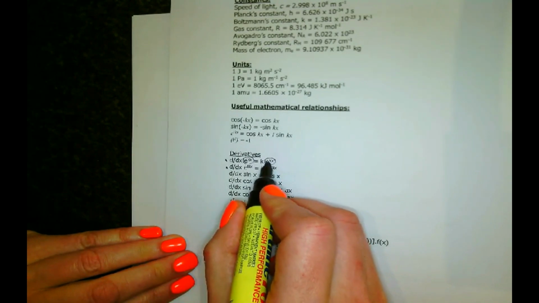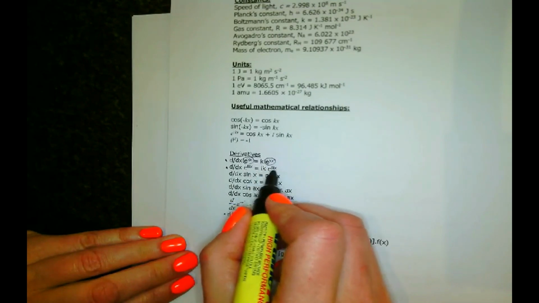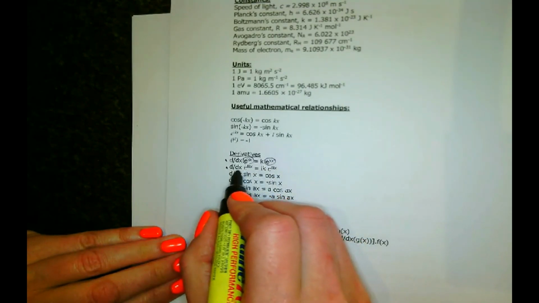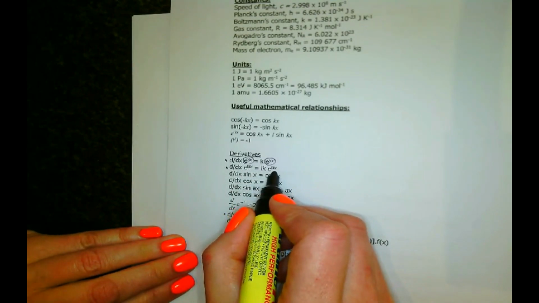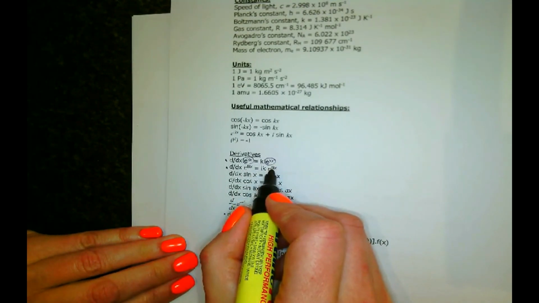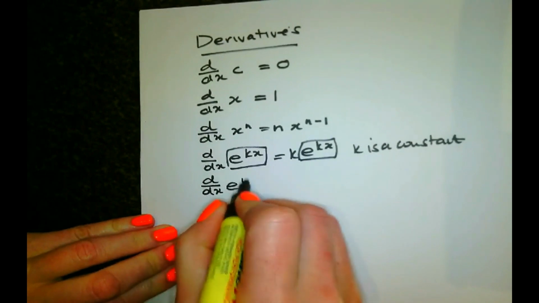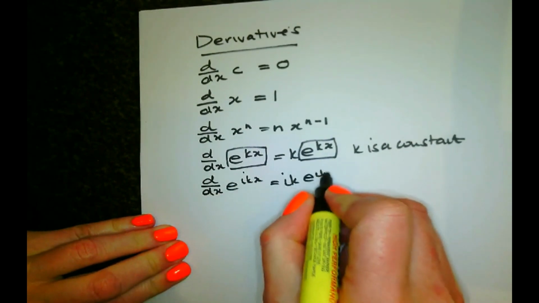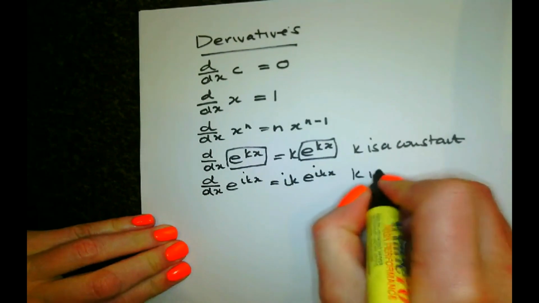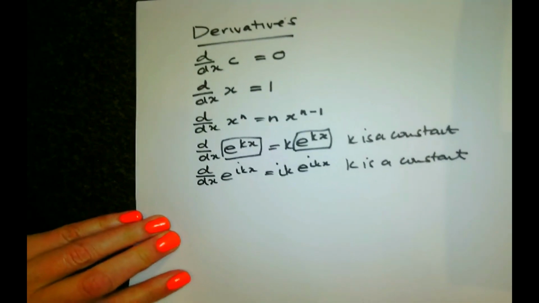So instead of having just k multiplied by the function, you have ik multiplied by the function. So d/dx of e to the ikx is ik e to the ikx. So it's the same rule that applies. You just use the i as well. ik e to the ikx. Again, k is a constant.